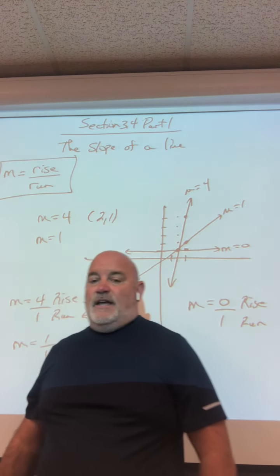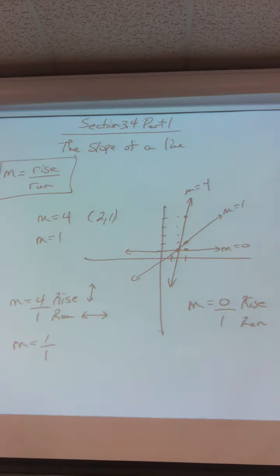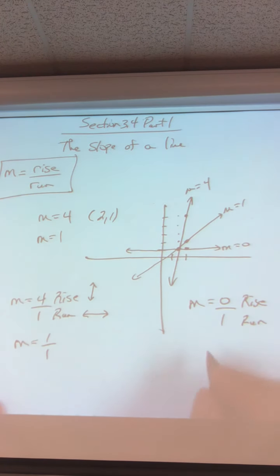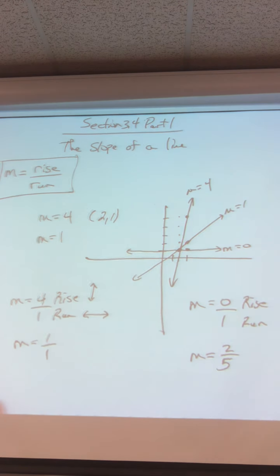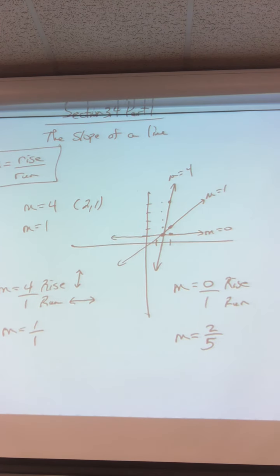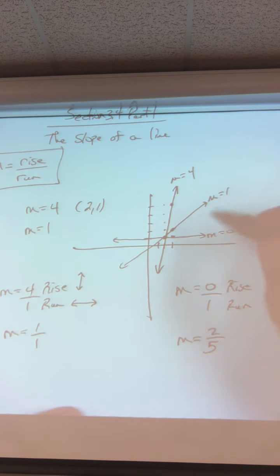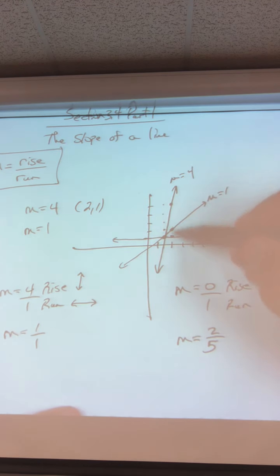Now, what if it said the slope was 2/5? Well, that's a small fraction. So this line should be pretty flat. So that means, and I know this is getting jumbled up, but you can still watch and get the point.